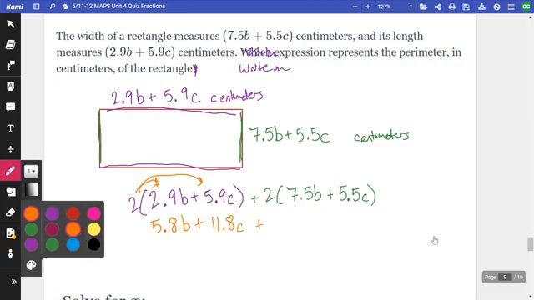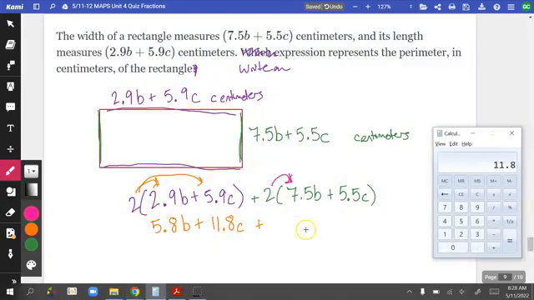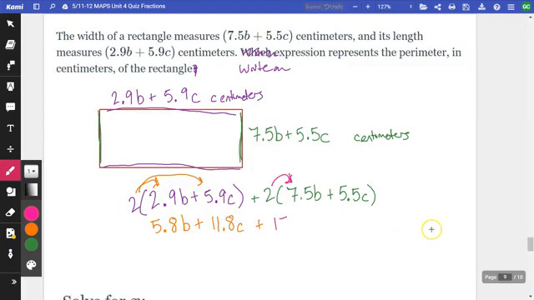Plus, what's over here? 2 times 7.5b. 2 times 7.5, I feel like it's 15. It is 15b. Plus 5.5c times 2, which I feel like is 11.